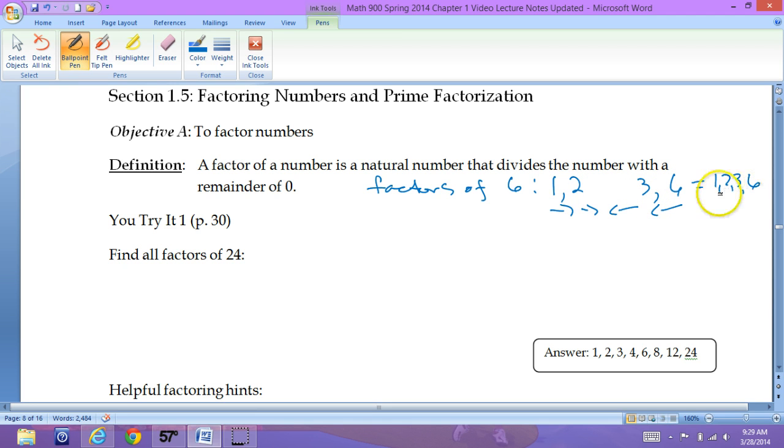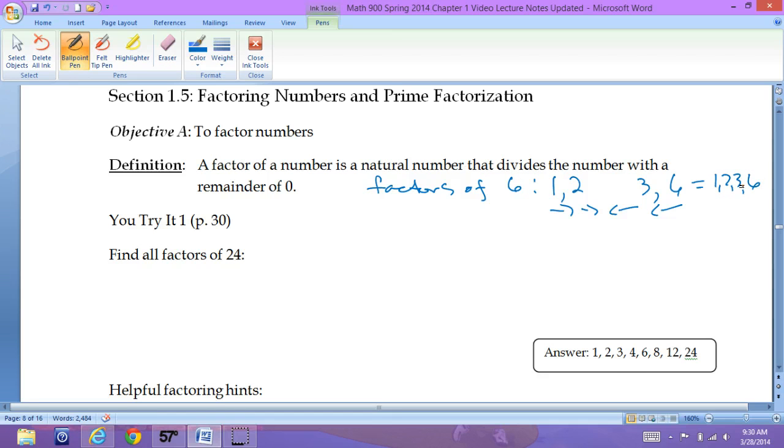What it means is that each of these numbers, 1, 2, 3, and 6, divides 6 with a remainder of 0. So 6 divided by 1 is 6, remainder 0. 6 divided by 2 is 3, remainder 0. 6 divided by 3 is 2, remainder 0. And of course, 6 divided by 6 is just 1 with a remainder of 0.